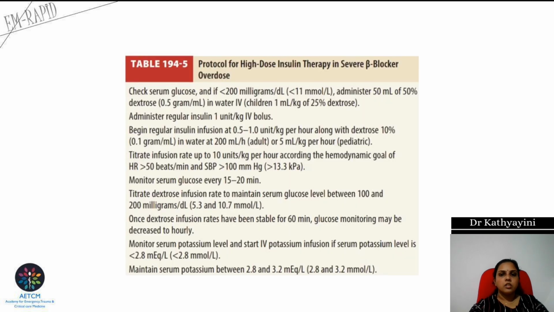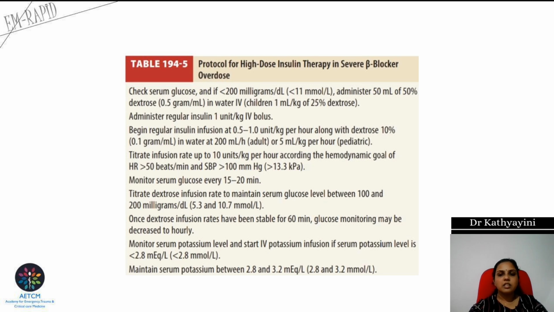So this is the basic protocol for high-dose insulin therapy in beta blocker overdose. We will have to check the blood glucose level. If it is less than 200 milligrams, we will have to give a bolus of 50 ml of 50% dextrose in adults and 1 ml per kg of 25% dextrose in children, followed by a 1 unit per kg IV bolus of insulin. Along with that, we'll have to start the patient on an insulin infusion of 0.5 to 1 unit per kg.